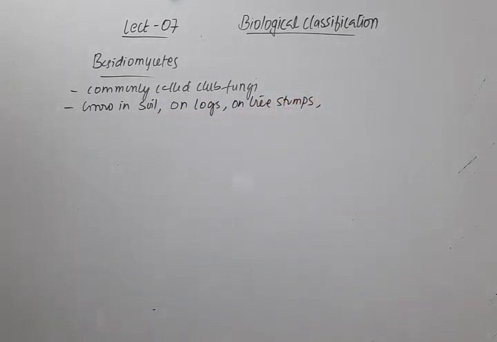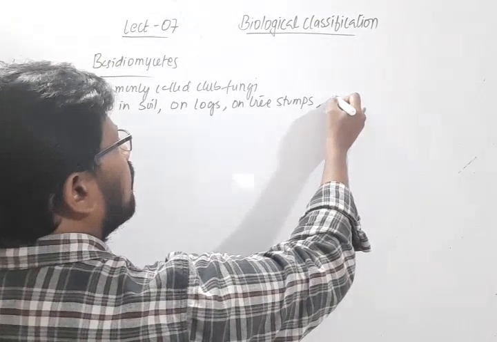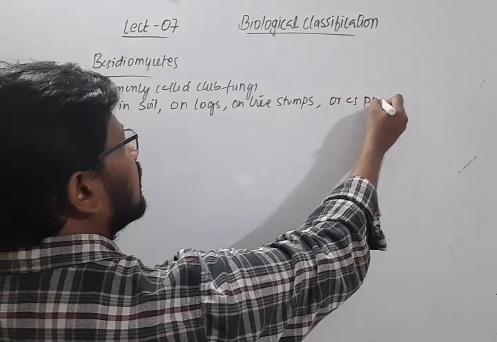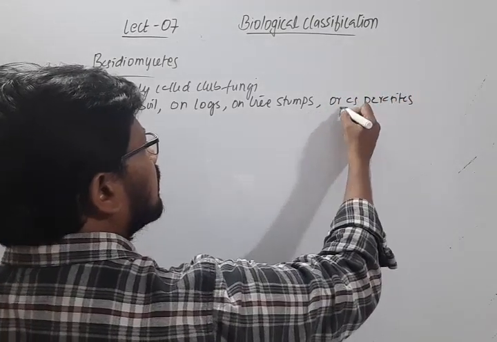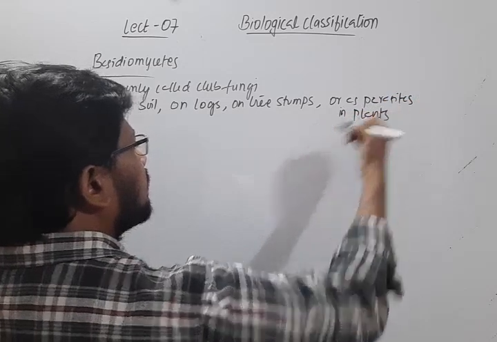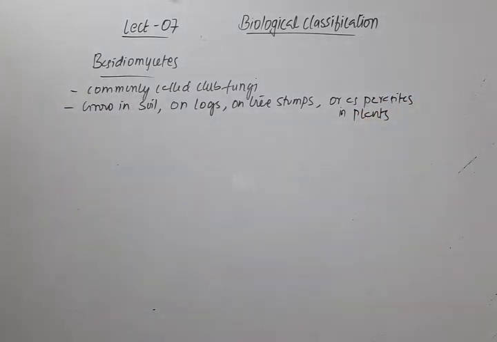They are seen growing on tree stumps, and even living in other organisms as parasites, or as parasites in plants. I mean some members are parasites in this group, that is the meaning.